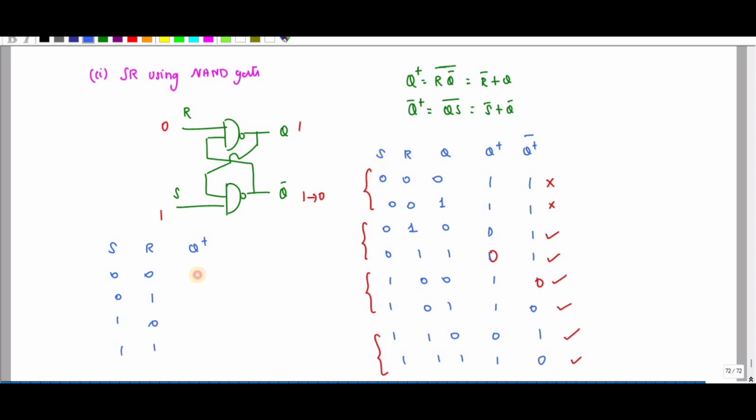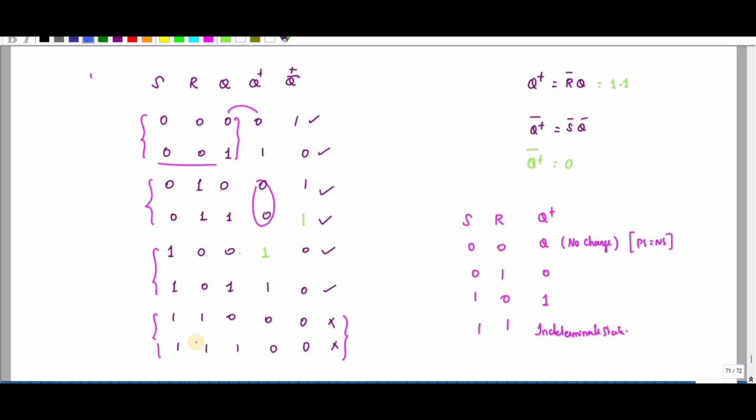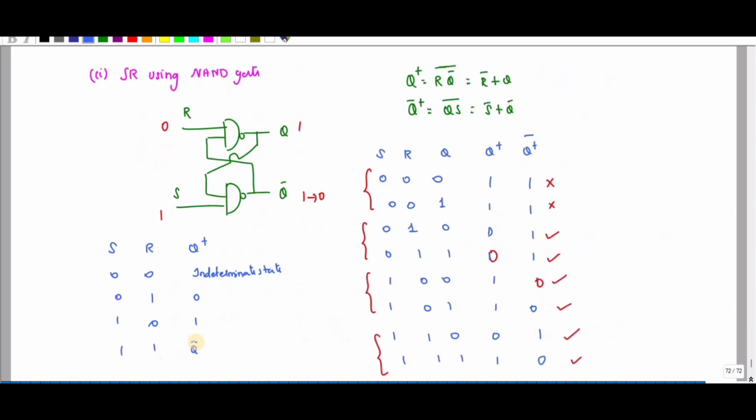So for these two conditions, this should be avoided, so it is in the indeterminate state. And for 0 1, q plus is 0 only. For 1 0 it is 1. For 1 1 it is q, sorry, it isn't q bar, it is q. Whatever the present state, it is nothing but q, so this is the no change condition.